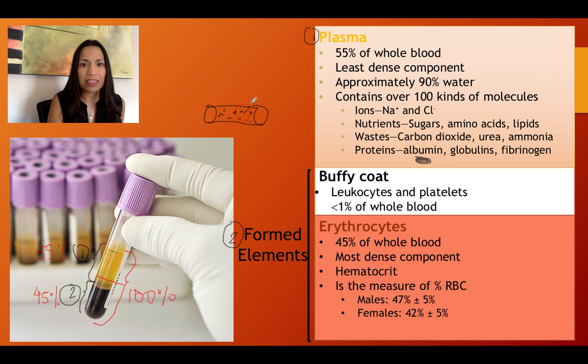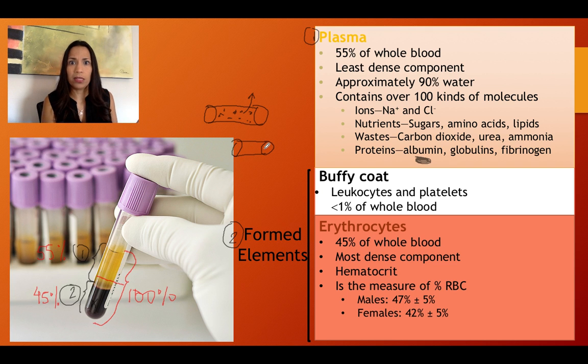It avoids the leakage of the fluid part out of the blood vessel, which will cause edema, right? So albumin is a great measure, and we use it a lot. When you have your lab work done, usually we measure albumin, and that gives us an idea of your nutritional status, the amount of proteins in your body.